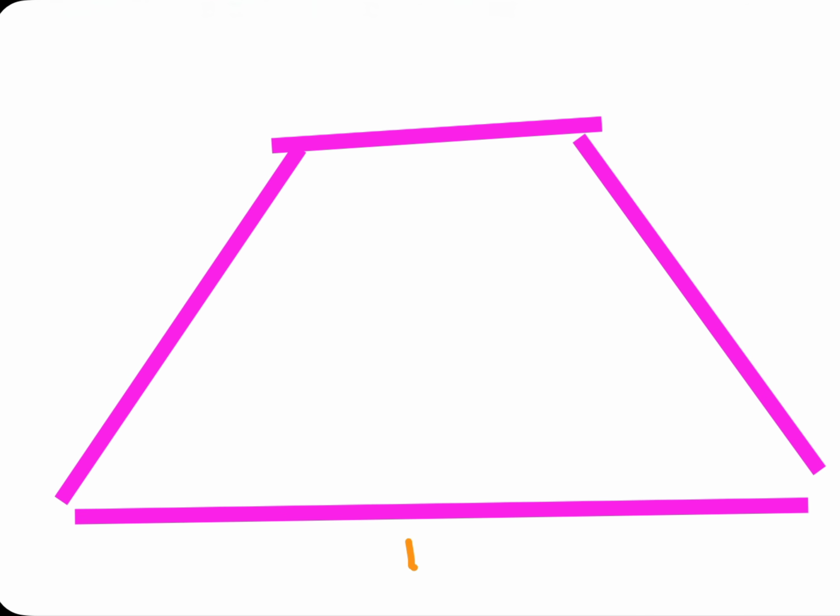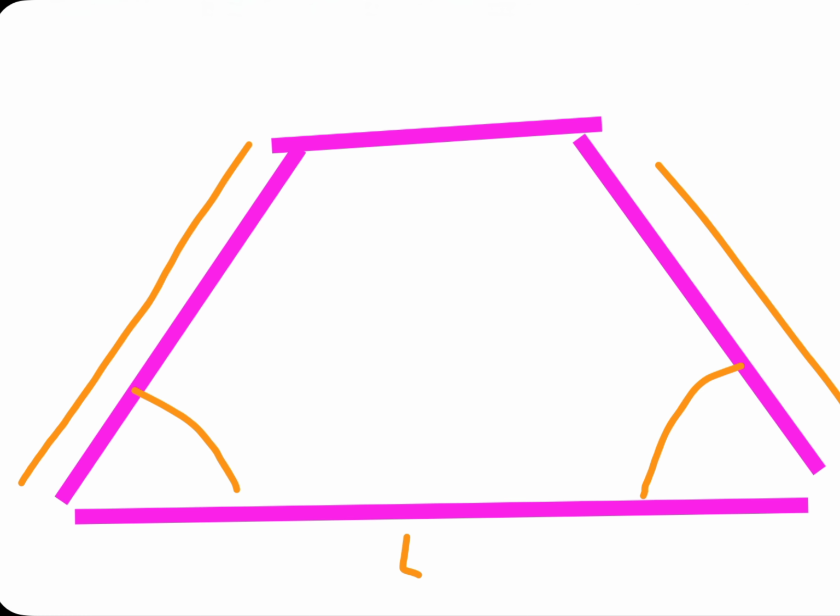We said this is the length. Is it a right angle? No, it's not. It's less than a right angle. Same thing for the last shape and the length. Is this angle a right angle? It's not, it's less than that. It's an acute angle.